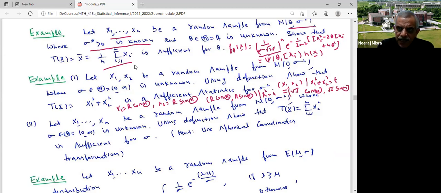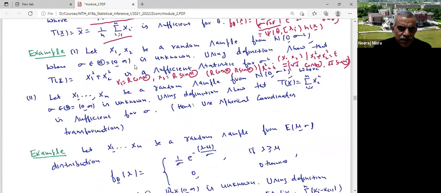That you can prove very easily. You might have done it many times at your bachelor's level. Otherwise, you can do it: find the Jacobian and then see the joint PDF of r and theta. And the distribution of theta, you know, is uniform 0 to pi. So this distribution is not going to depend on the unknown sigma square because it is uniform 0 to pi.